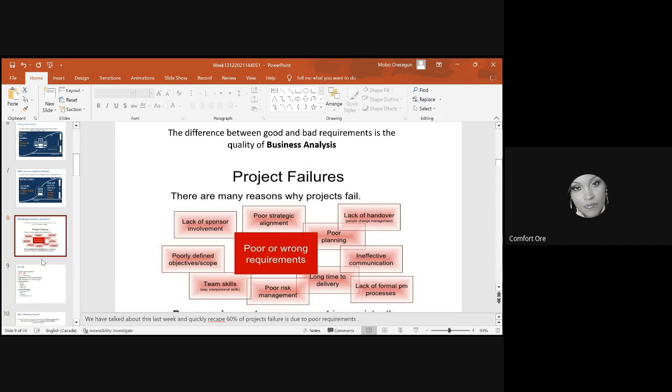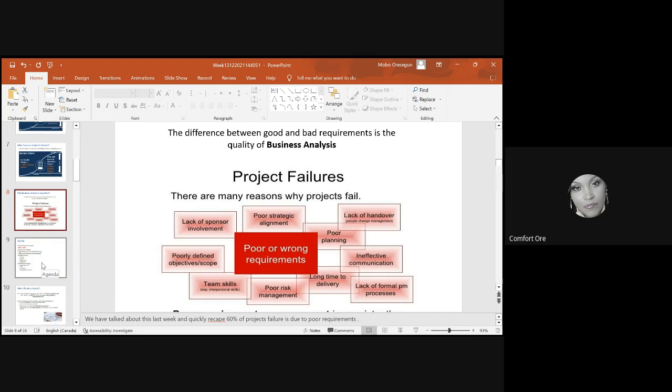Properly define objectives and scope. Again, avoid scope creep. Lack of sponsor involvement. Within a project, it doesn't matter how minute, how small, there is a person that acts as a sponsor, who is also a SME.